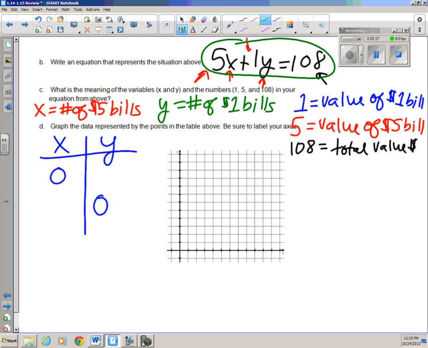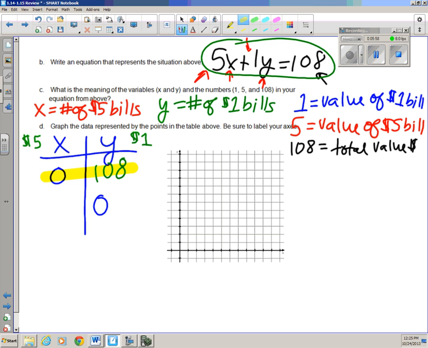Well, that would be 0. Plus 1y equals 108. So that would mean that y is 108. In other words, if I have no $5 bills, then I'm going to end up with 108 $1 bills.